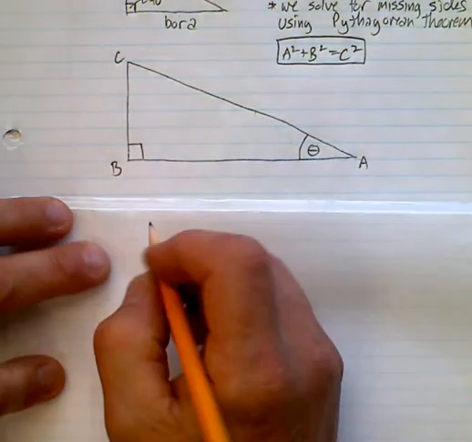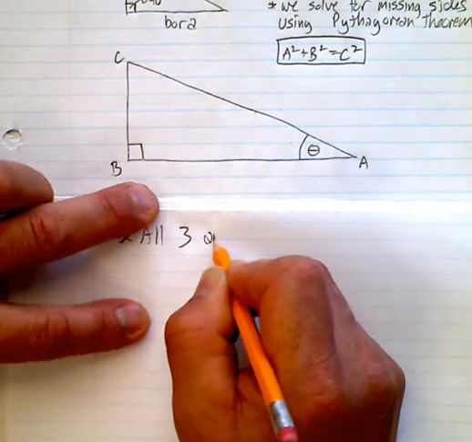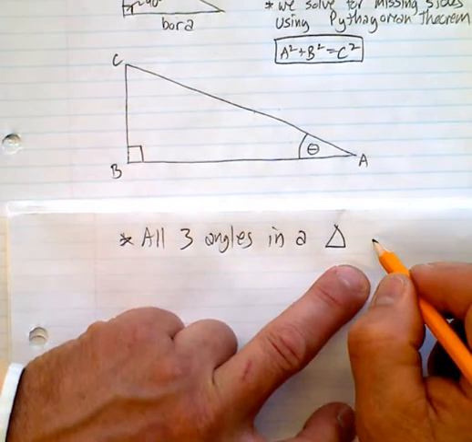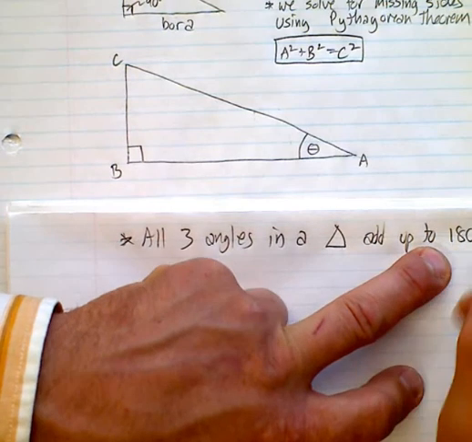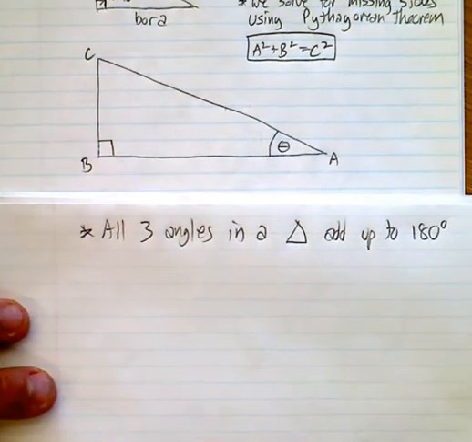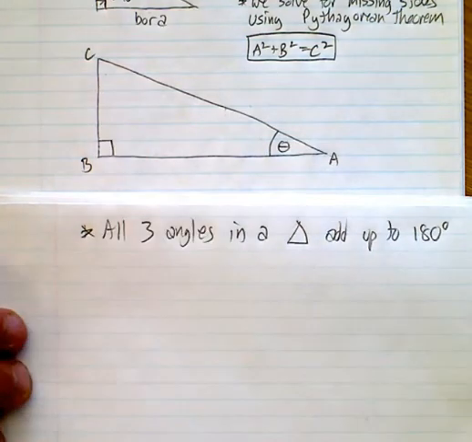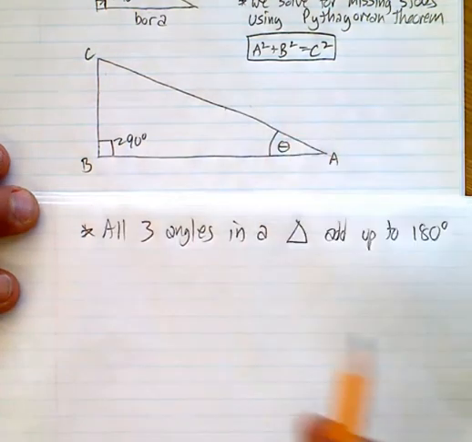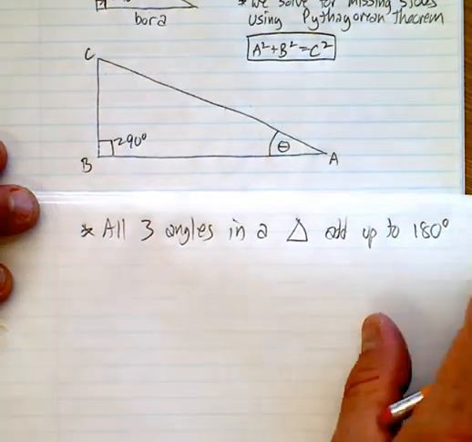So all three angles in a triangle add up to 180 degrees. This angle, this angle, this angle, they add up to 180 degrees. Now, this already is 90 degrees, so you can see that angle A and angle C have to add up to 90 degrees as well, so that altogether they add up to 180 degrees.